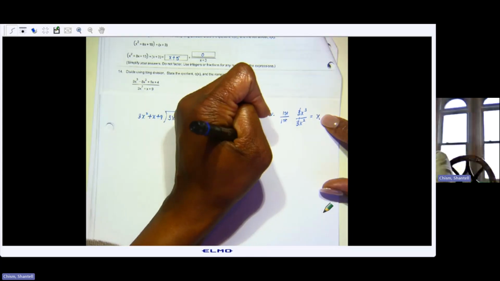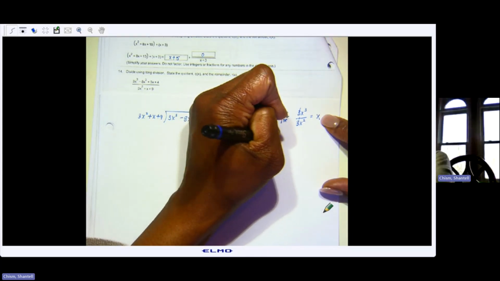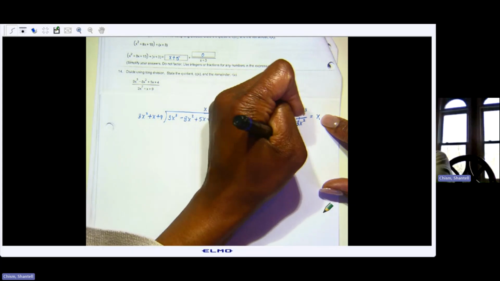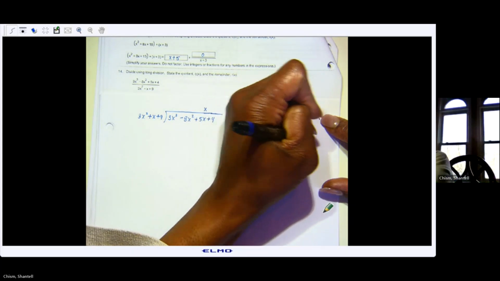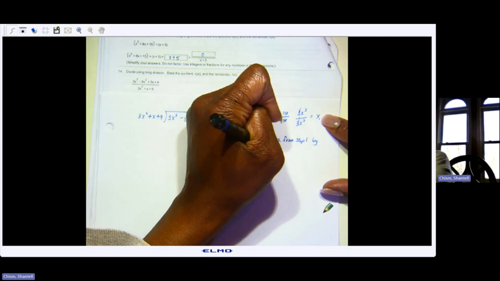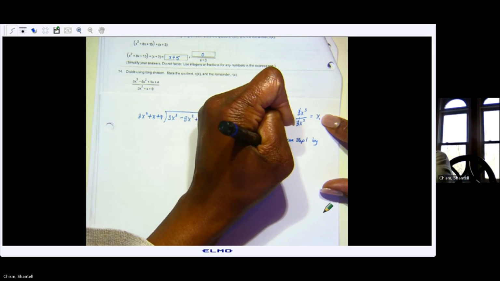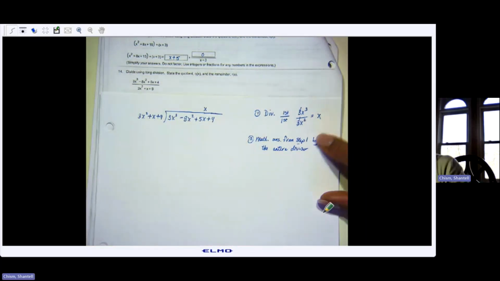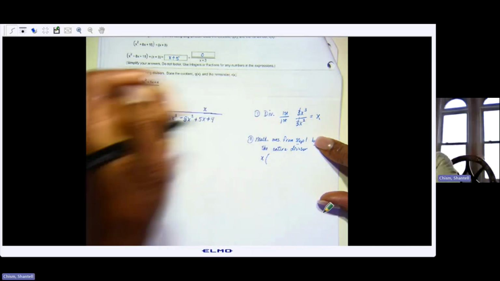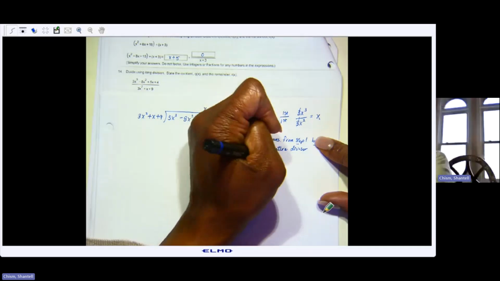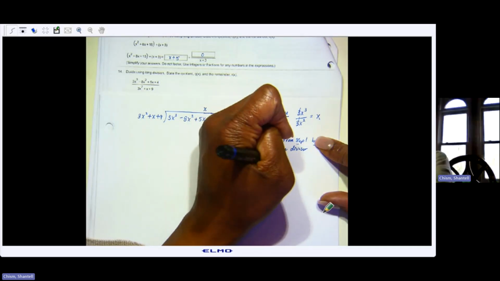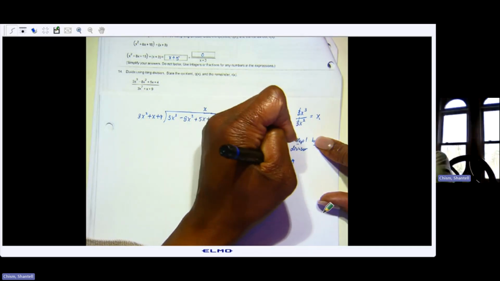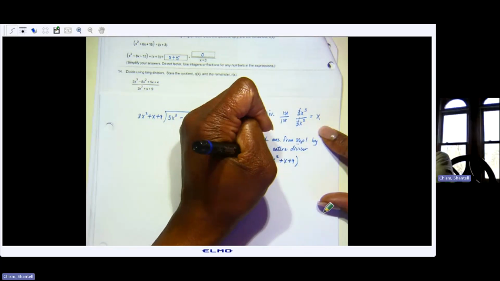Then step number 2, I'm going to multiply the answer from step 1 by the entire divisor. Okay, so my x would then be multiplied by this whole thing, 3x squared plus x plus 9. And I'm going to use the distributive property.